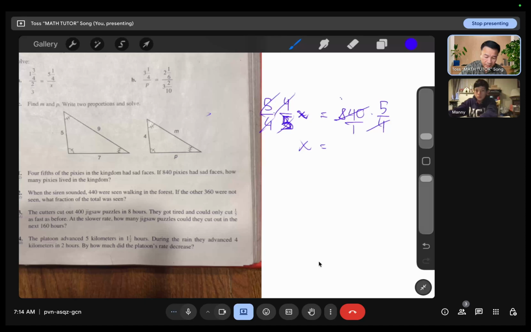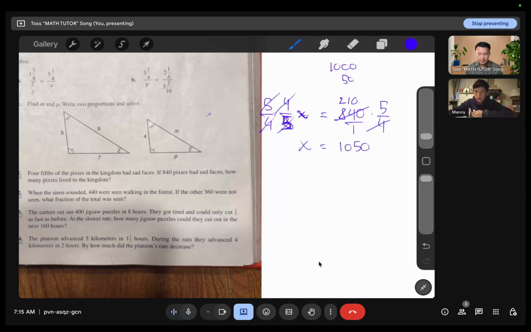Each digit: 2, 1, 0. And then times it by 5. 2 times 5 is 10, 10 times 5 is 50. So 1050. Is that okay?